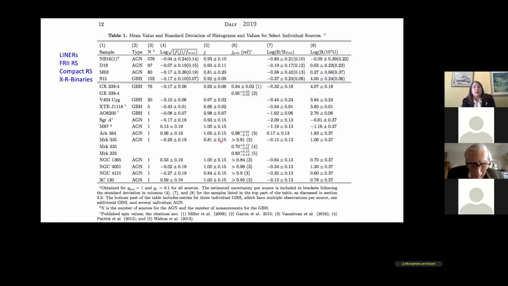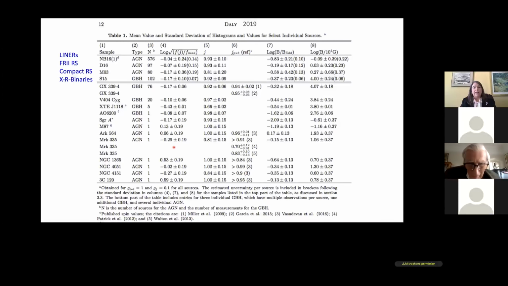These uncertainties are quite large, and we now have a new project underway where we're going to be able to compare these in much, much greater detail with simultaneously obtained X-ray and radio measurements. The spin values obtained with the outflow method for the AGN do not have simultaneous or even contemporaneous radio and X-ray observations, so the variability of the AGN could be a factor.